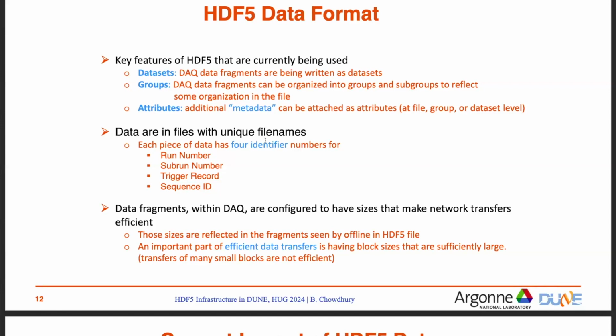And then there are some attributes which can be attached to different levels of the data set, and this is something we also call metadata. Each piece of data in an HDF5 file is recognized by four identifiers: run number, sub-run number, trigger record, and sequence ID. The size of the data fragments is determined by the block of data that we can efficiently transfer within the DAQ.